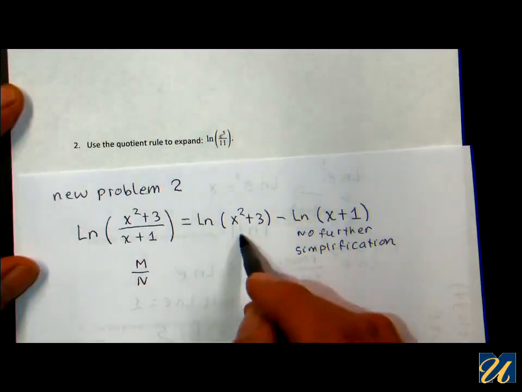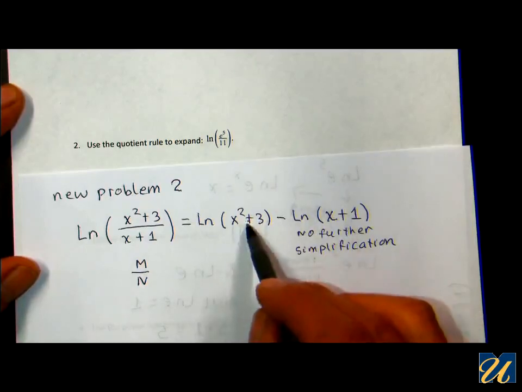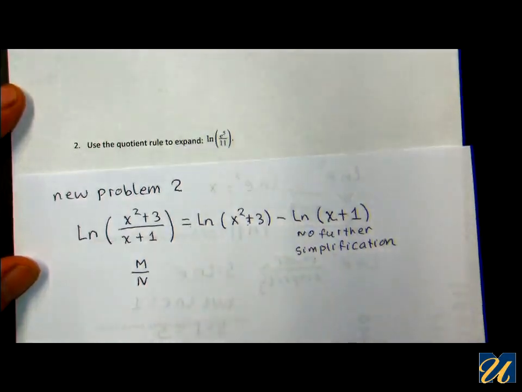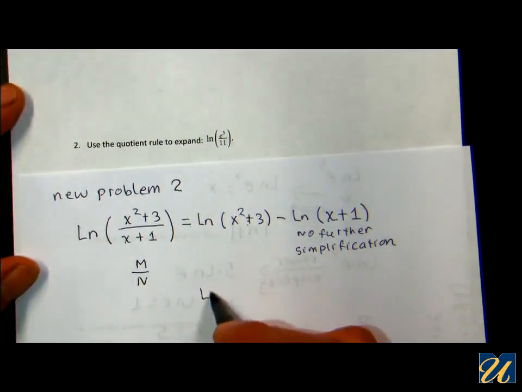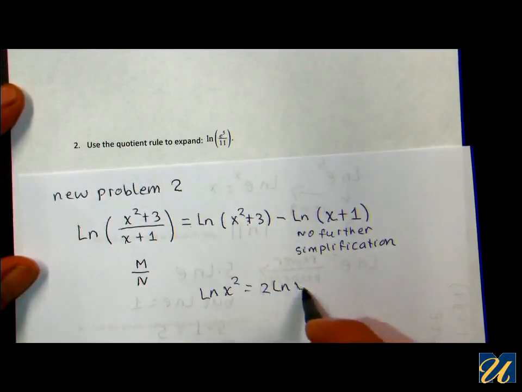Now here, well, we have the same thing. We have the log of a sum. So what applies here is also applying here. Yes, we have a power. Can we not put the power in front? No, we cannot. The logarithm of x squared is 2 natural log of x.